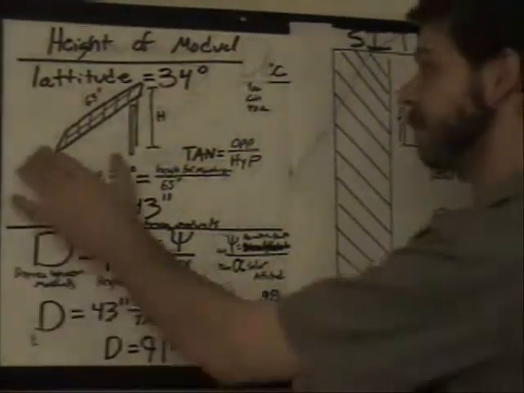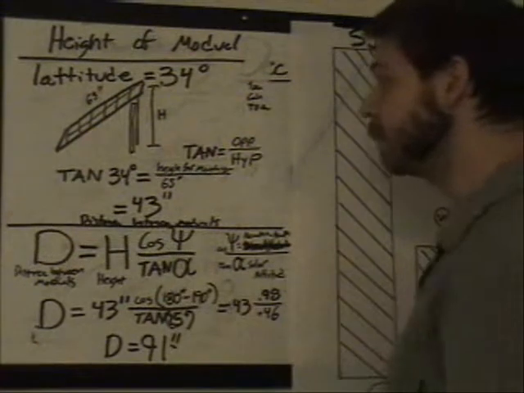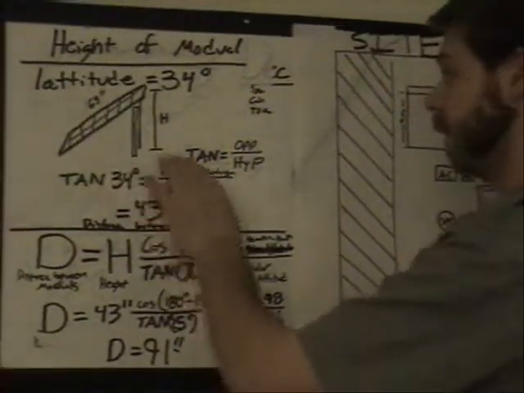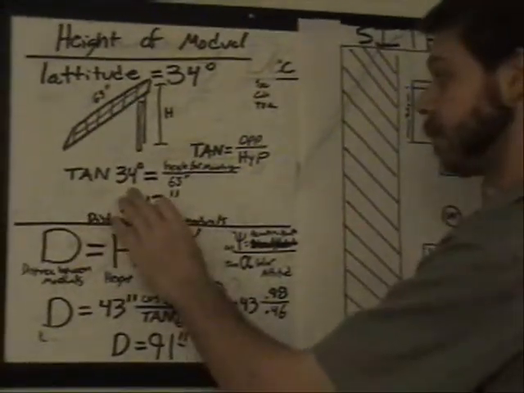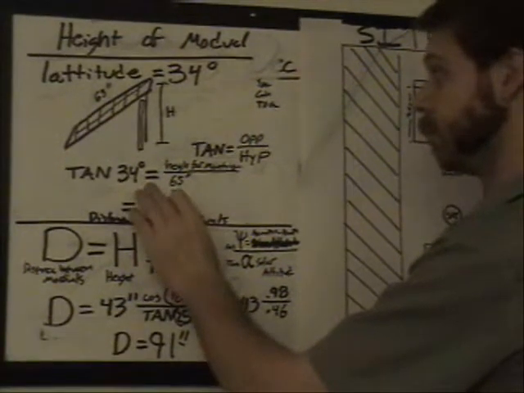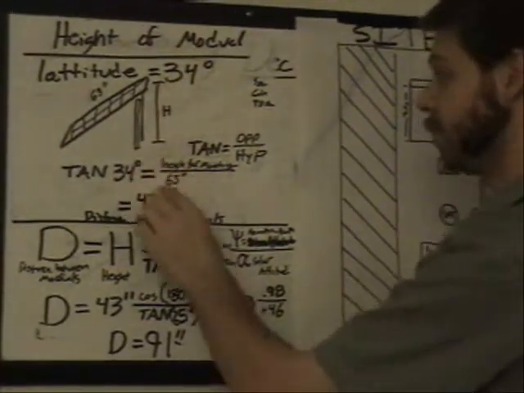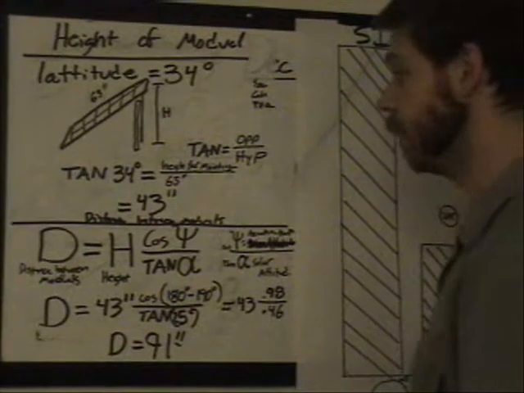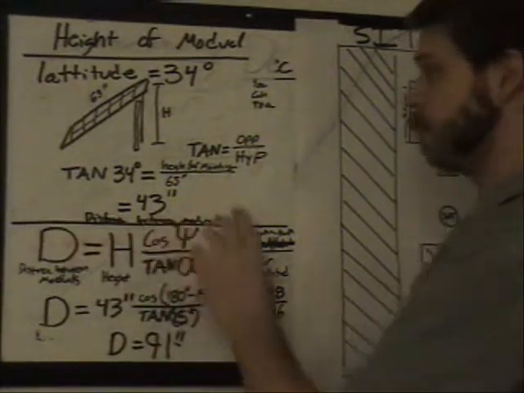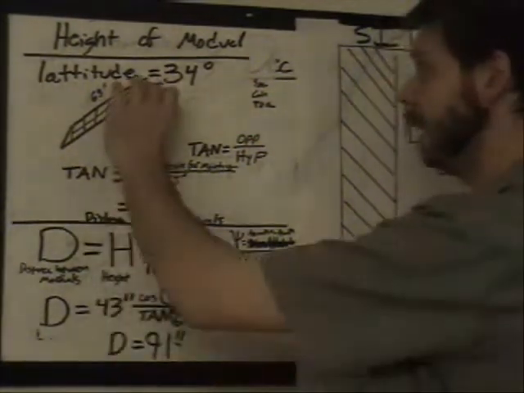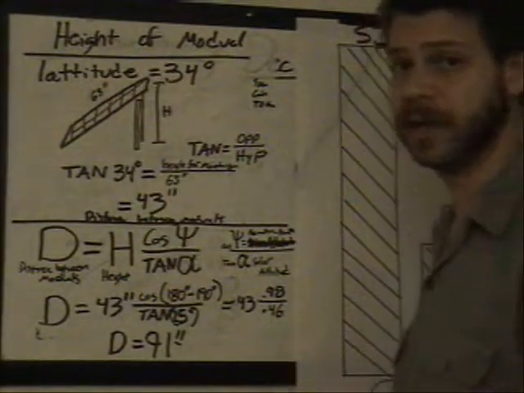If I put a 65-inch module at 34 degrees, the tangent of 34 degrees is equal to the height over 65. So that equals 43 inches. The height of this module is going to be 43 inches off the ground.